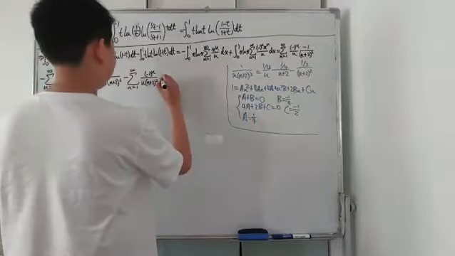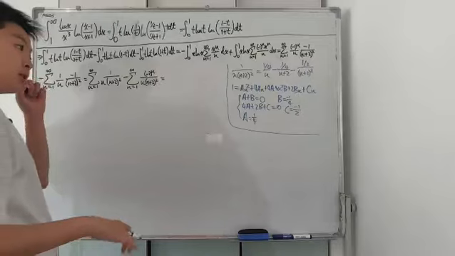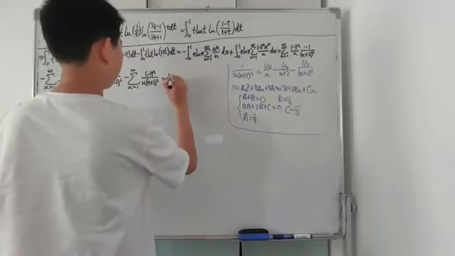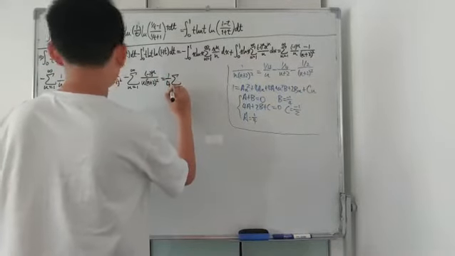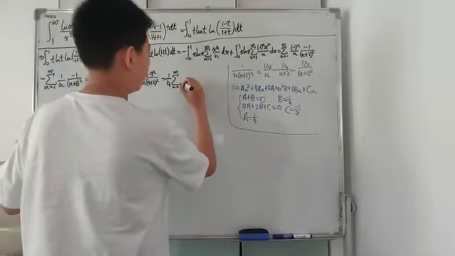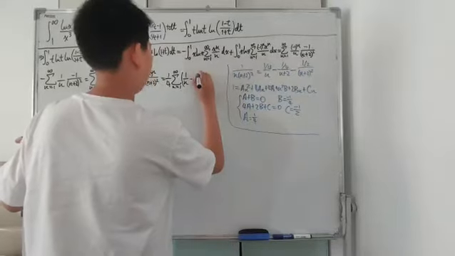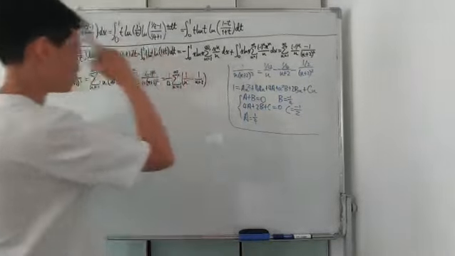So I'm going to do this series first. How we're going to split this up, we're going to let this equal 1 over 4 times the sum from n equals 1 to infinity of 1 over n minus 1 over n plus 2.